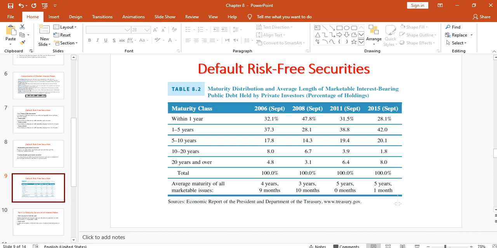But in 2008, exactly during the global financial crisis, this rose to 48%.